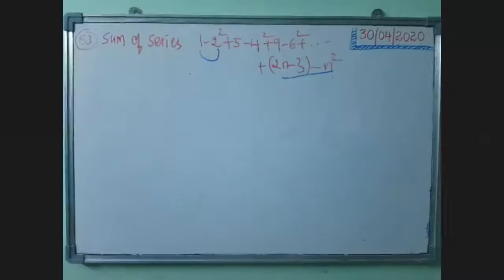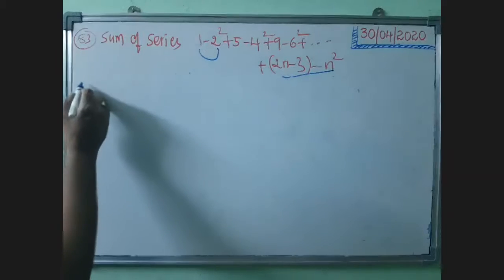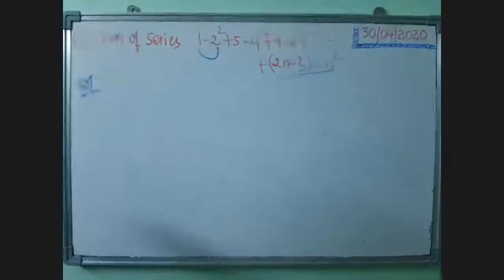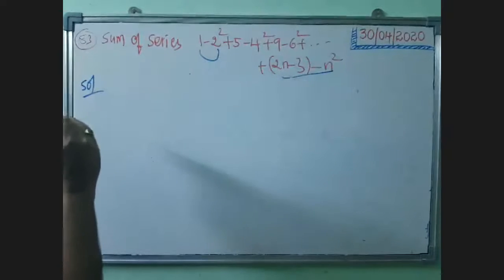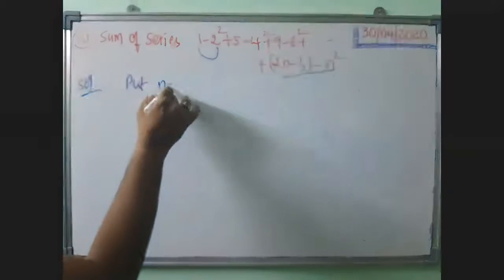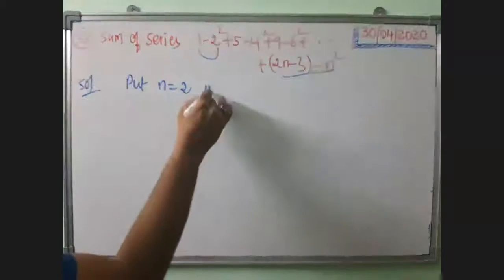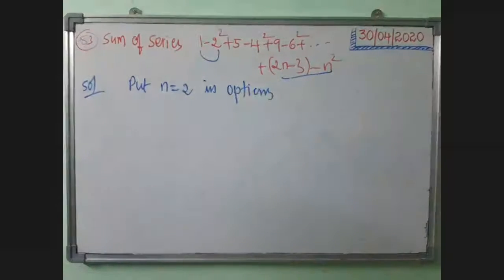If you add 3 terms, 1 minus 4 plus 5 is 6 minus 4, which is equal to 2. So to solve these types of questions, which involve options in terms of n, what you have to do is use the options. Put n equal to 2 in the options. You have 4 options.